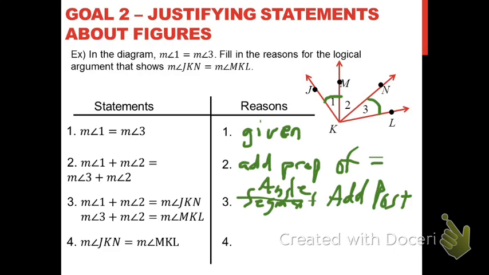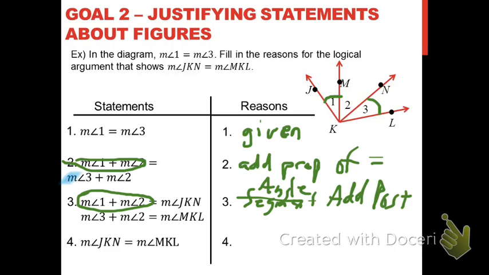All right, and then finally, if I know that angle JKN equals the sum of the measures of angles 1 and 2, and that the measure of angle MKL equals the sum of the measures of angles 3 and 2, and I know that those quantities are equal based on the previous equation right here. I know the measure of angle 1 plus the measure of angle 2 is in both those equations.